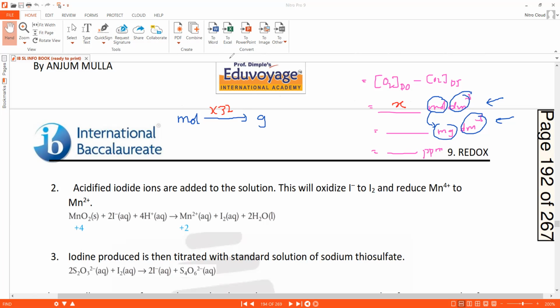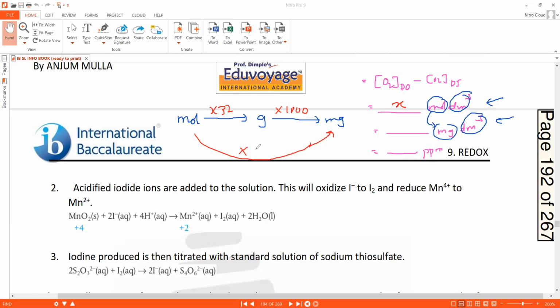And then I need to convert grams into milligram. How do I do that? What is the conversion? Nobody knows? Multiply by 1,000. Okay. So what do I do for moles to milligram directly?